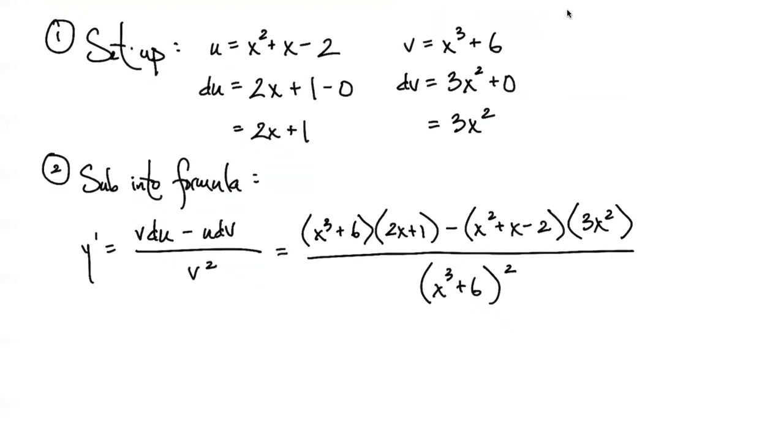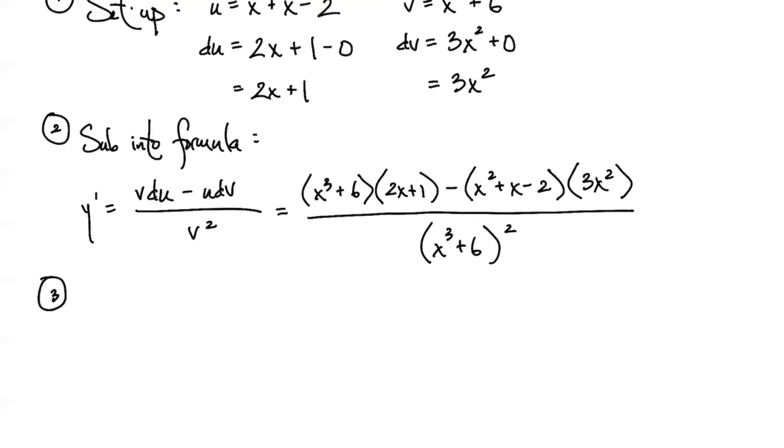So how do we feel about the setup and plugging expressions into the equation? Okay. Once we've subbed everything into the formula, that middle step is the calculus step. And then we're just going to simplify.